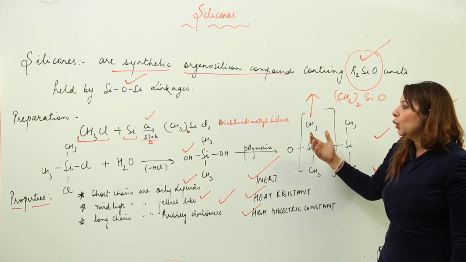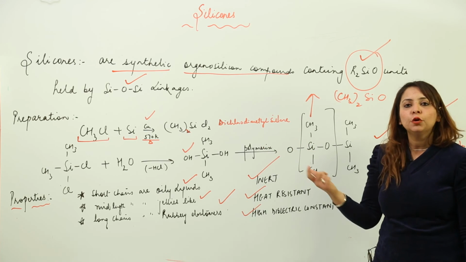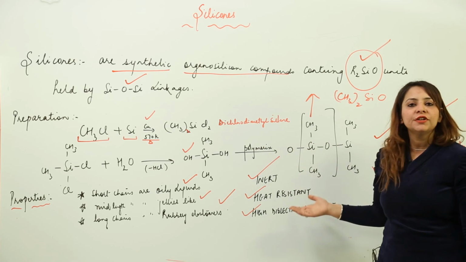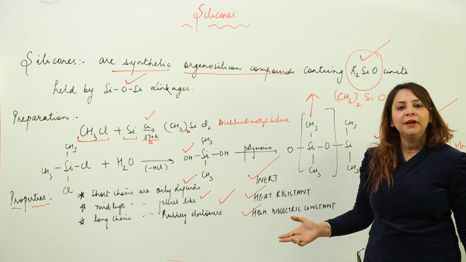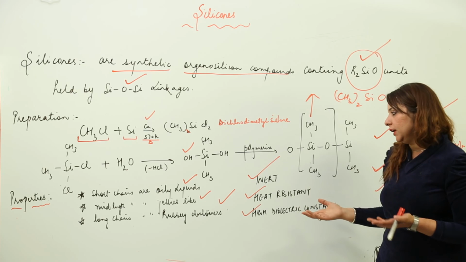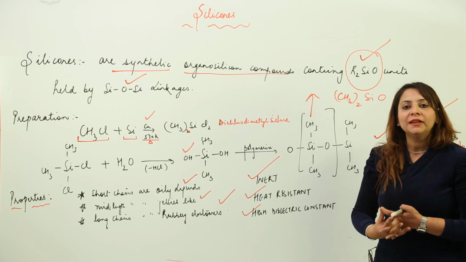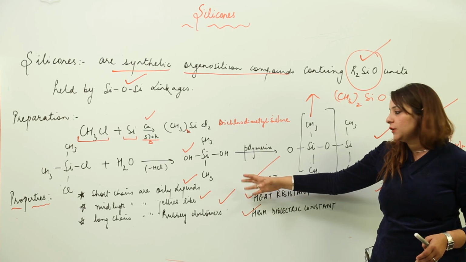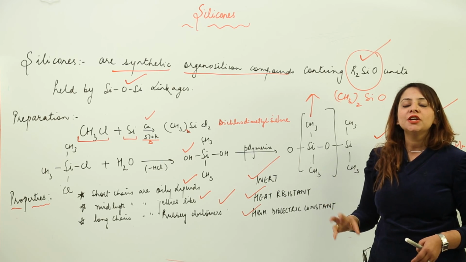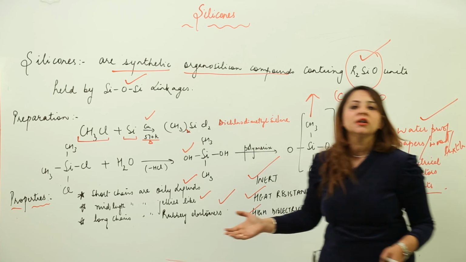In this preparation, the CH3 group might change, otherwise the rest of the things are going to remain the same, and these properties are going to remain for all the silicones, but the state is definitely going to depend upon the length of the chain. If you have short length, as we have discussed, it is an oily liquid, mid length are jelly-like, and long chains are rubber elastomers. So this is all about silicones.